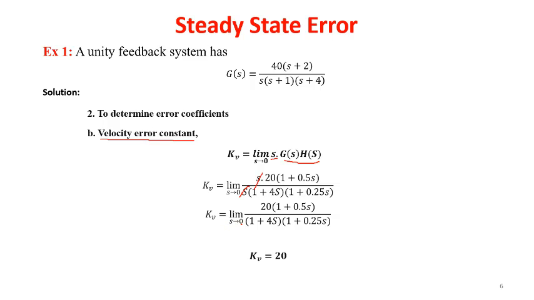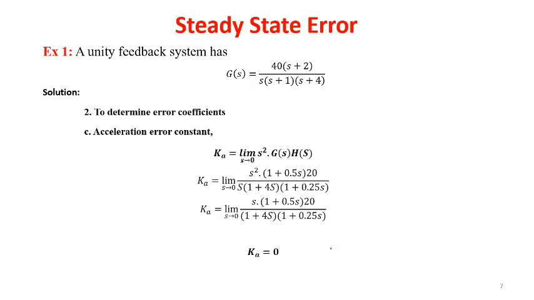As s tends to 0, we can substitute the value of s here. So the terms with s will be 0, hence we end up with 20 divided by 1. Hence the velocity error constant Kv will be equal to 20.